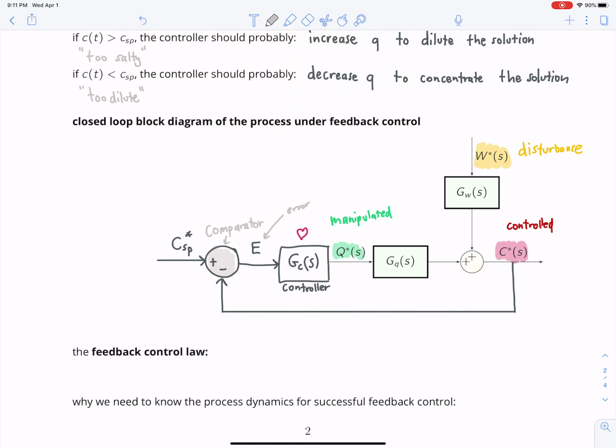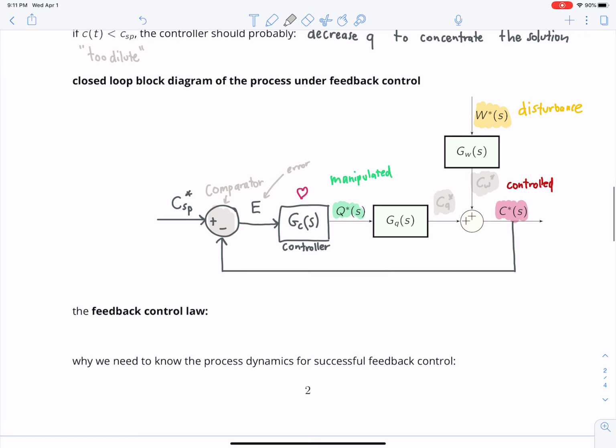So here's your C sub W, and here's your C sub Q. So this is something you can't control, right? But the controller wants to make C sub Q cancel out C sub W to maintain C star at 0. Okay? That's the idea behind feedback control.